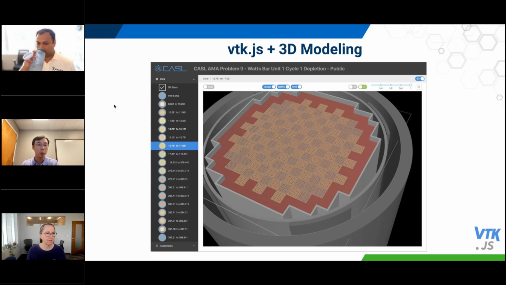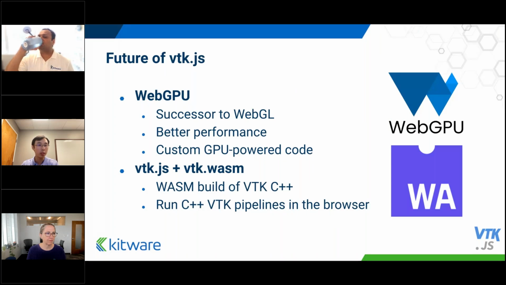All right, so just briefly, I wanted to talk about the future of vtk.js. Like I said, we use WebGL for the rendering backend, but we do have an initial WebGPU implementation as well. WebGPU is the successor to WebGL.